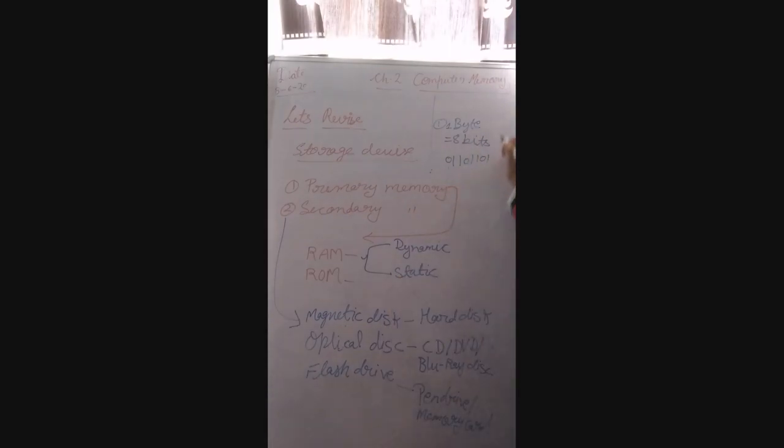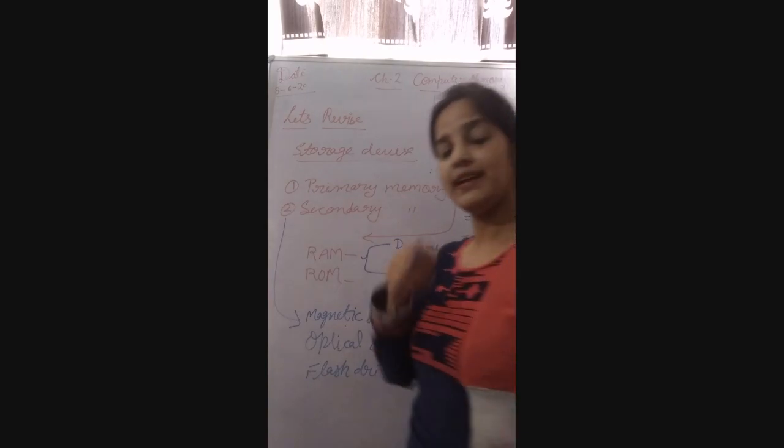If there are only 4 bits, then 4 bits is called half byte. Because one complete byte is made from 8 bits, 4 bits is called half byte, and it is also called 1 nibble. Okay, student.